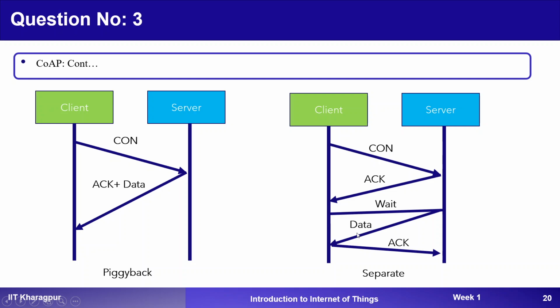Next question is, does IEEE 802.15.4 support IPv6 multicast? Before that, can anyone tell me what this IEEE 802.15.4 is used for?